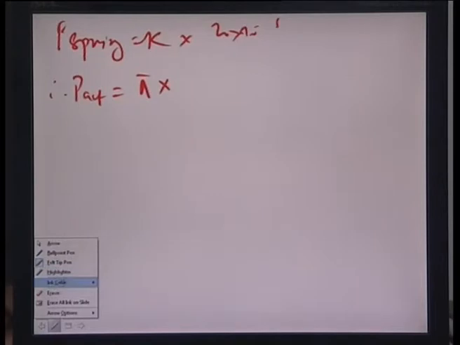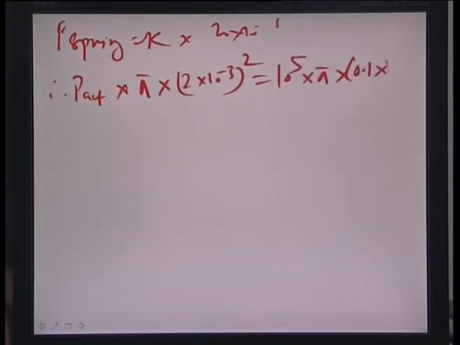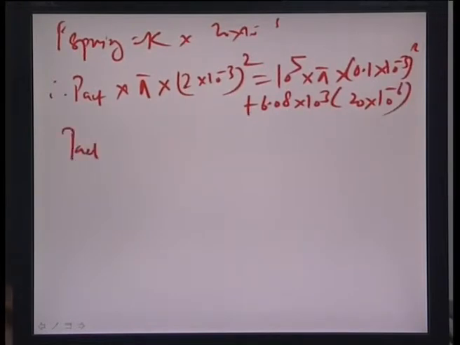Force spring in this particular case is again k times 20 times 10 to the power minus 6, and P actuation times pi times 2 times 10 to the power minus 3, squared, would effectively be equal to 10 to the power 5 times pi times 0.1 times 10 to the power of minus 3, squared, plus 6.08 times 10 to the power 3 times 20 times 10 to the power of minus 6, and P actuation here would come out to be effectively equal to 3.1.